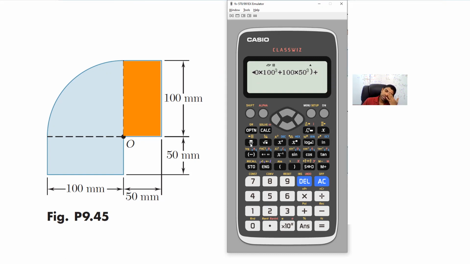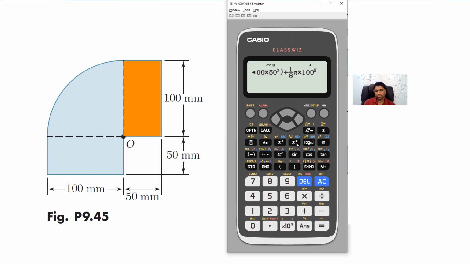For a circle, polar moment of inertia is half pi r to the power 4. For a semicircle, 1 over 4. Therefore, for a quarter circle this will be 1 over 8, pi r to the power 4, where r is 100.